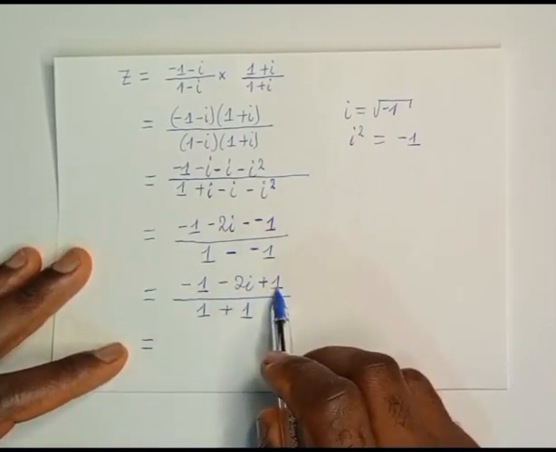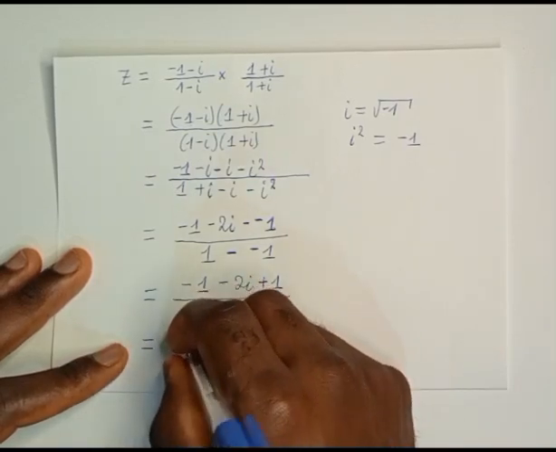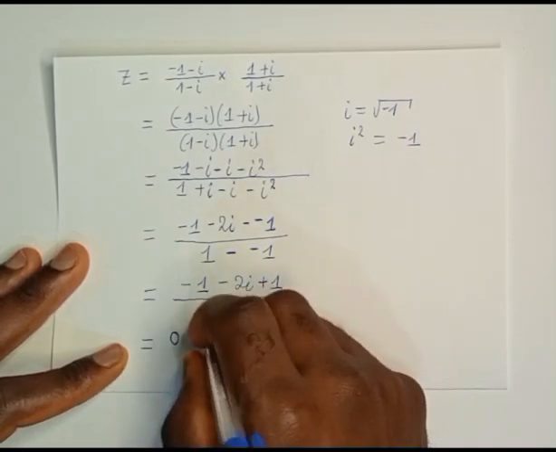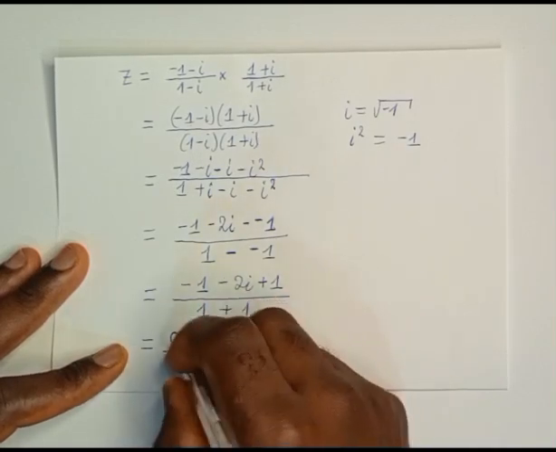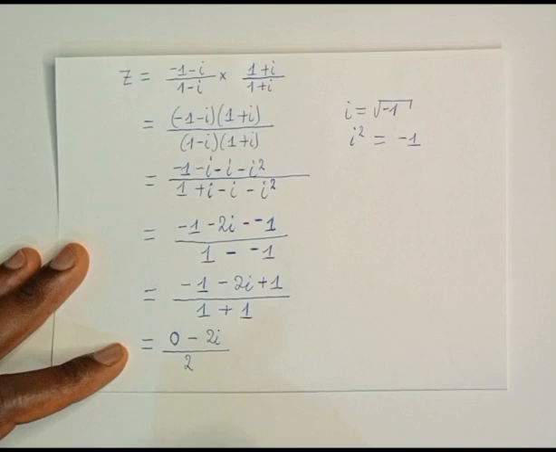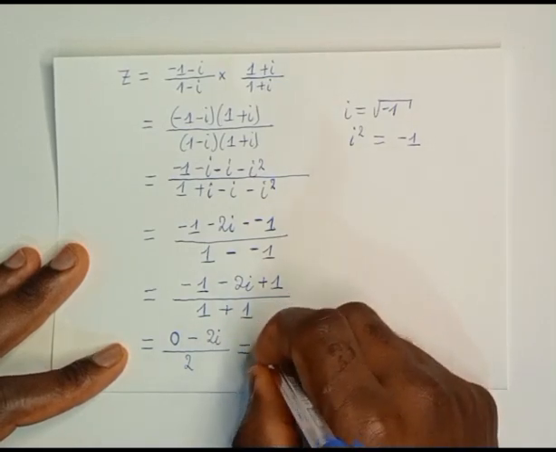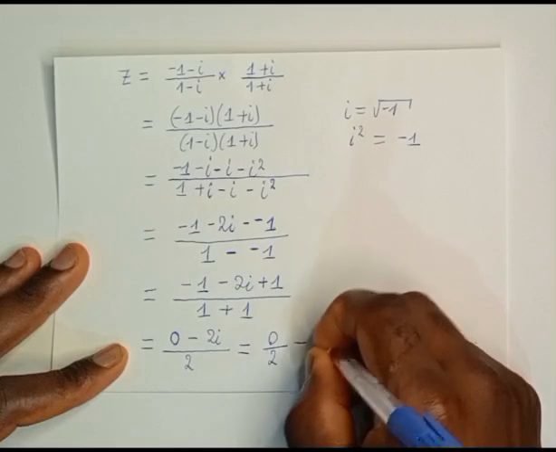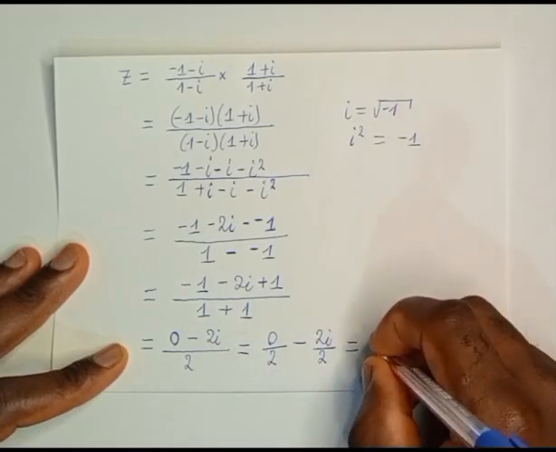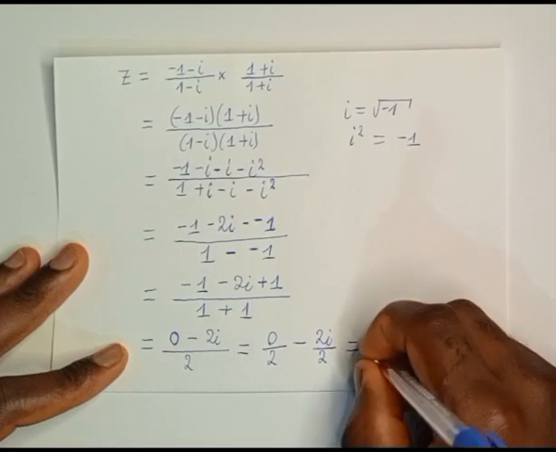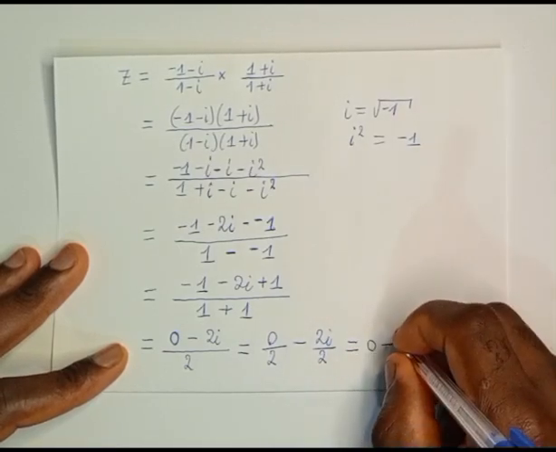They are the real parts. It gives us 0, minus 2i all over 1 plus 1, which gives us 2. We can break this as 0 over 2 minus 2i all over 2. This will simply be equal to 0 divided by 2 gives us 0, minus 2i divided by 2 gives us i.